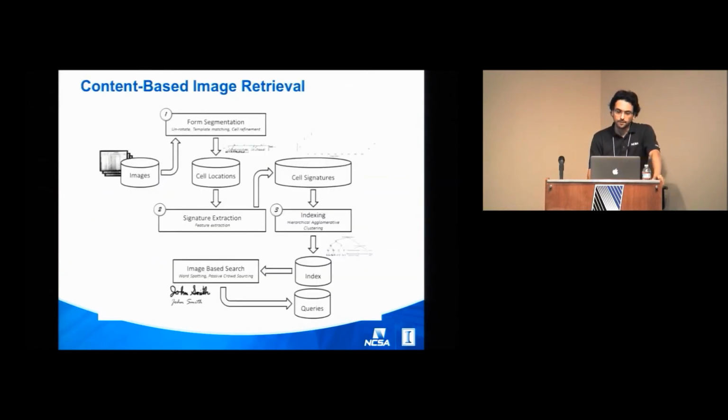This is an image that shows the entire flow. The reason this is important is that it shows segmentation, signature extraction, and indexing. The way this maps to DTS and Brown Dog is that these are things we're formalizing in the DTS.